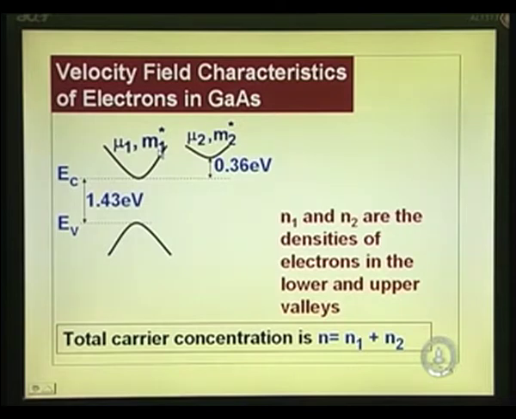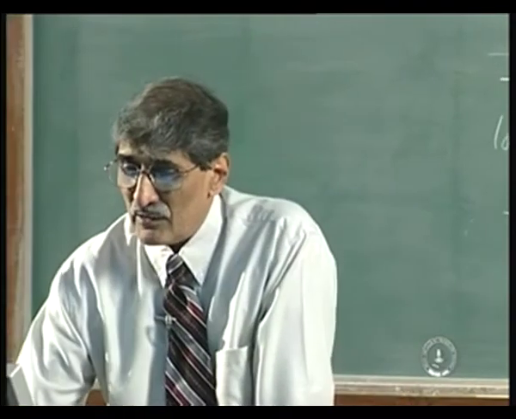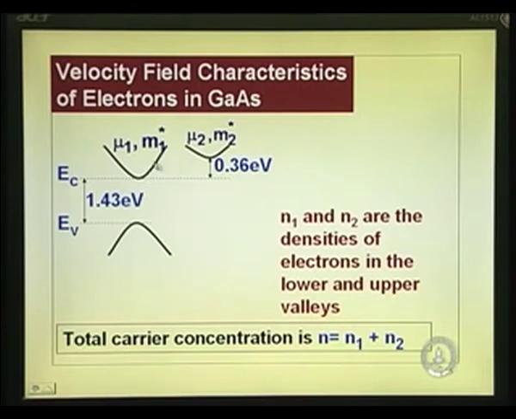If you do not give extra energy by an applied electric field, they will occupy the lower valley, or central valley. So N is the total number of electrons, equal to the doping concentration, and all of them will be here at zero electric field.